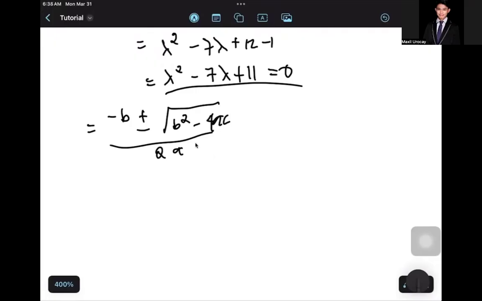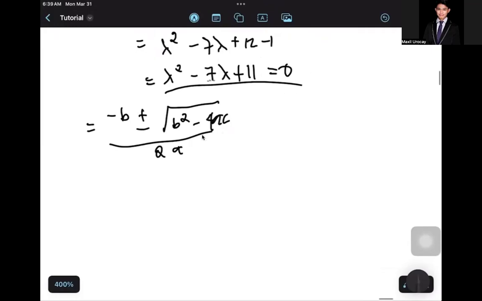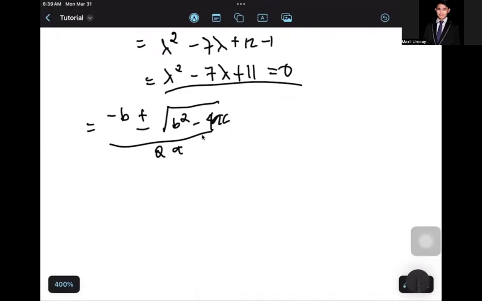So you will simplify each term, where a, b, and c.